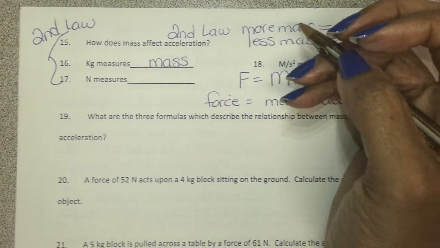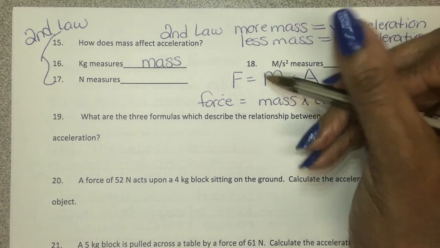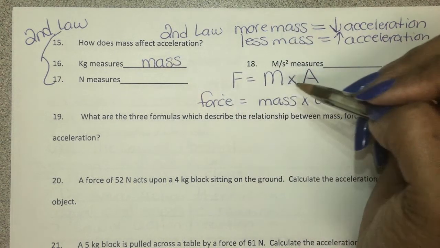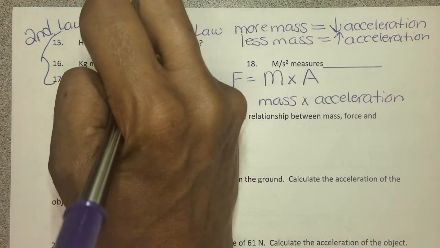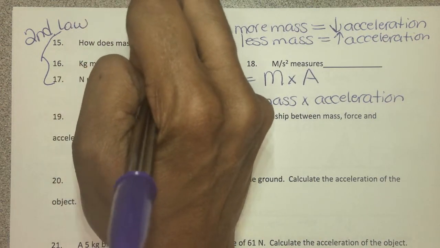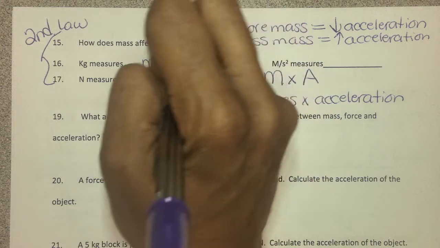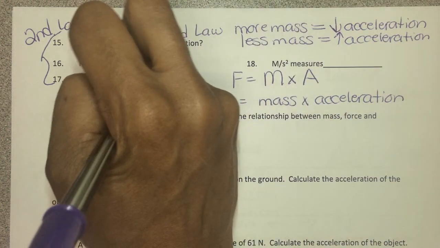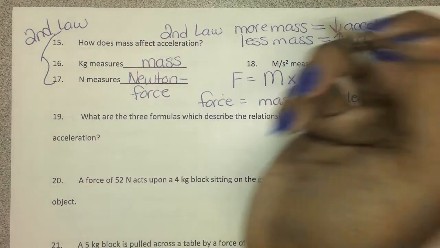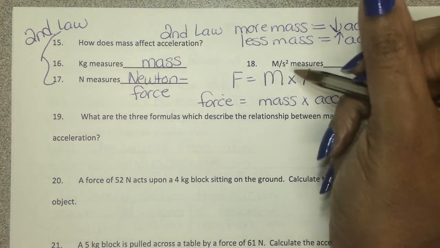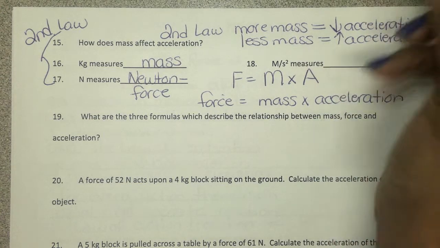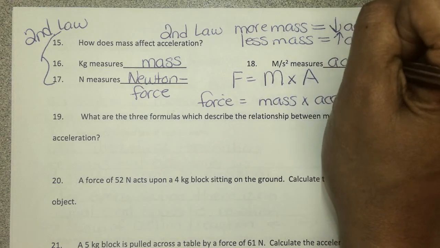For the second law, mass is always in kilograms. The N stands for Newton, and it measures force, so your force is always in newtons. And anytime you see meters per second squared, that is acceleration.